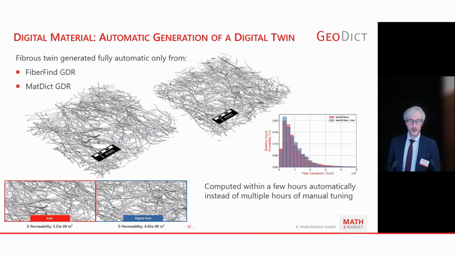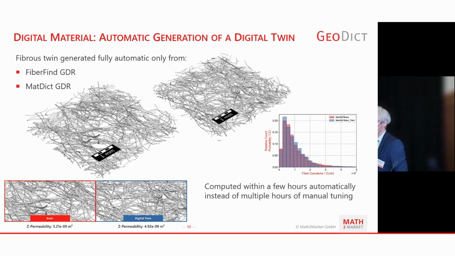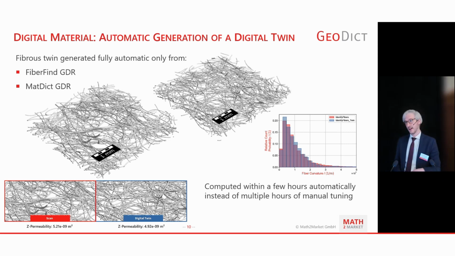So what did we improve, or what are we aiming for? For the twin generation, we have the possibility, for example for granular structures, with GrainFind, to analyze a real material, and then you can just load the GDR file into GrainGeo and create a statistical digital twin. For fiber materials, that's not so easy, but we are working on it.